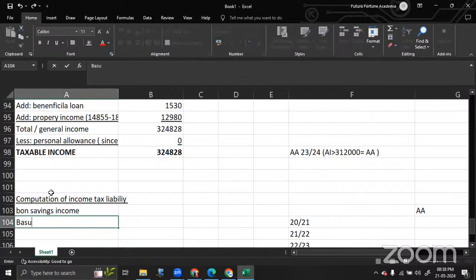Start off with basic. Basic is equal to 37,700 plus 4,000, into 20%. 41,700 into 20%.